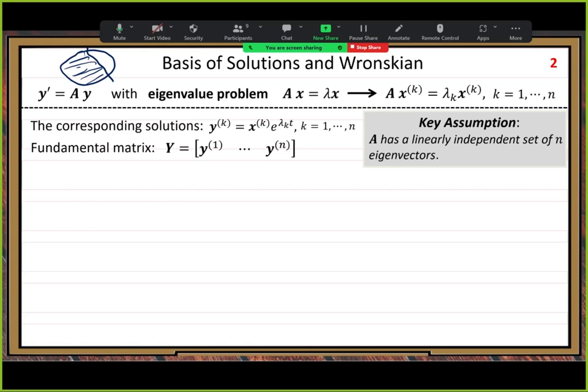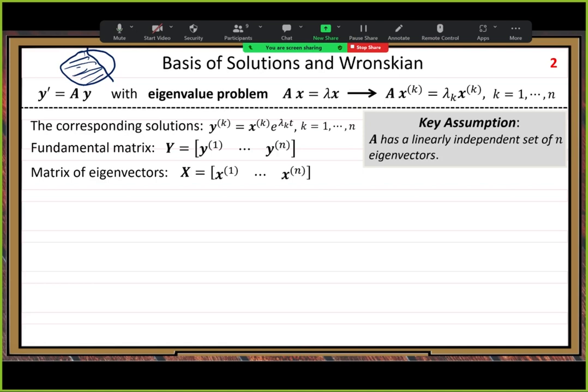Why fundamental matrix? Because we can represent the general solution easily from this fundamental matrix. Matrix of eigenvectors: similarly, we pack those n eigenvectors in an n by n matrix in the same order.